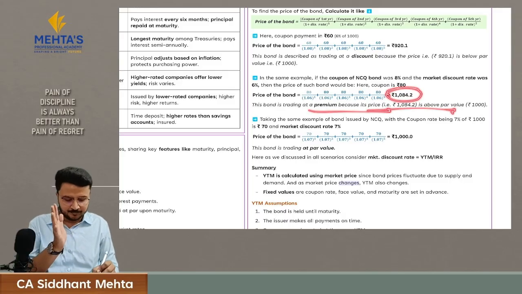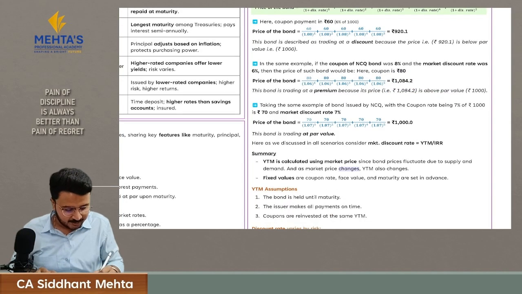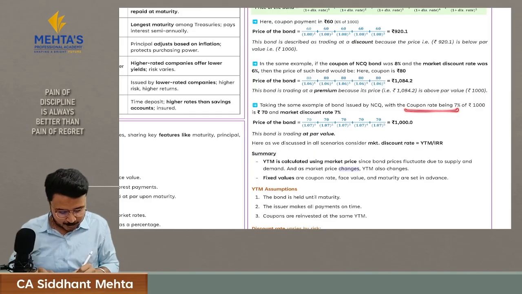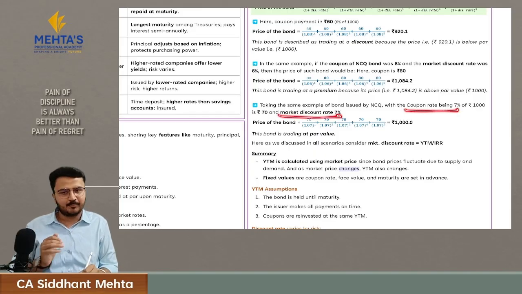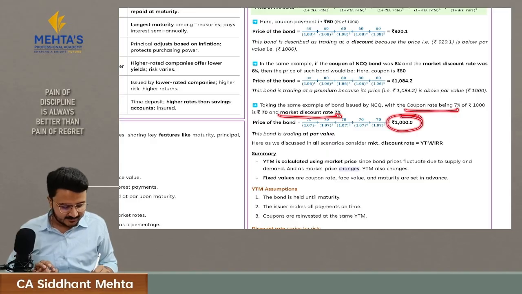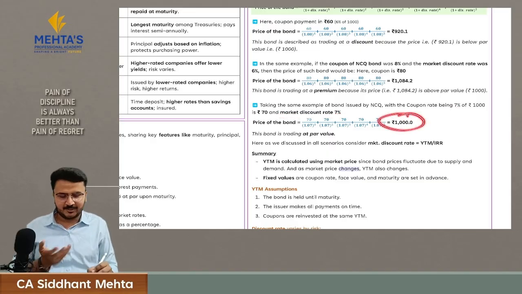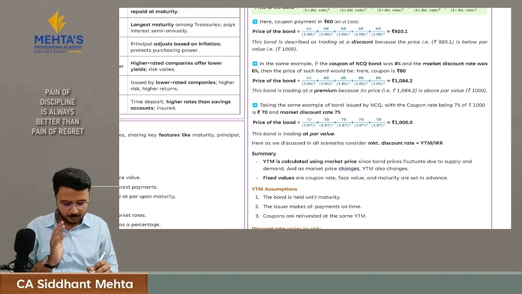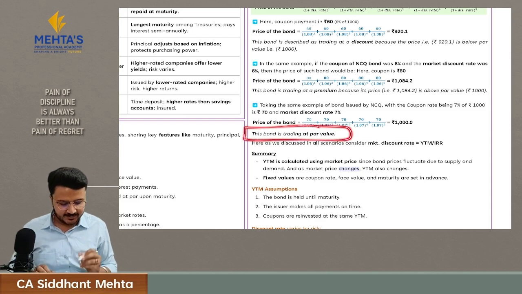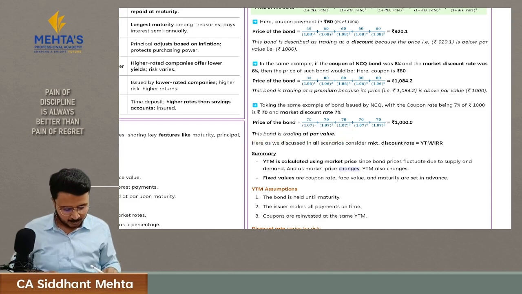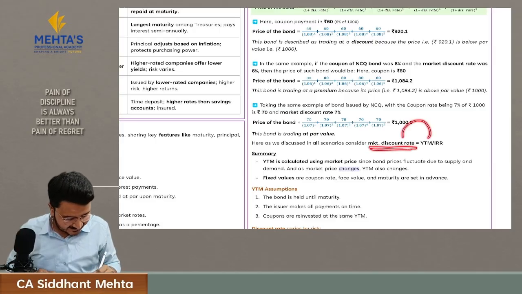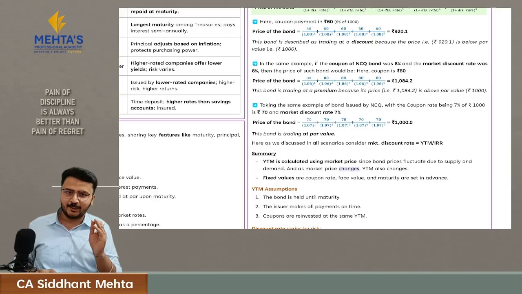And if there is a situation where your coupon rate is 7% and the market discount rate is also 7%, they both are the same, then your present value will be 1000 rupees only, which is equal to your face value, and it will be said that your bond is trading at par value. So here you can see that the market discount rate is equal to YTM, that is yield to maturity.